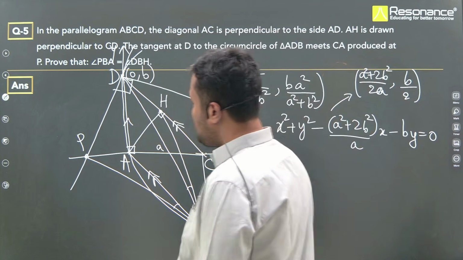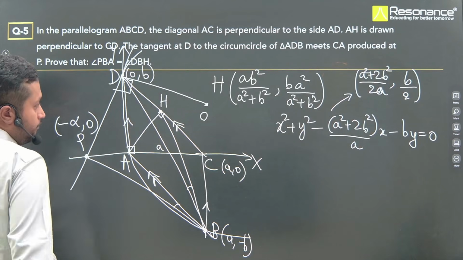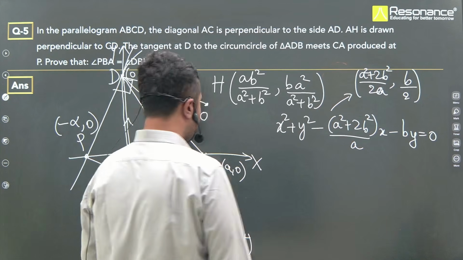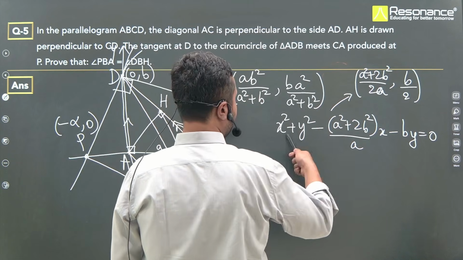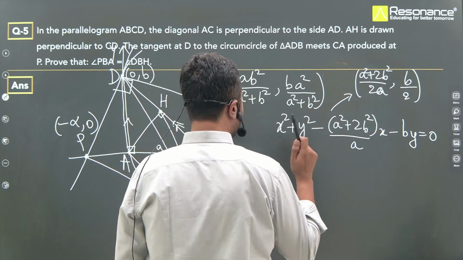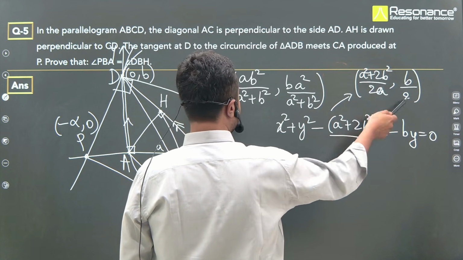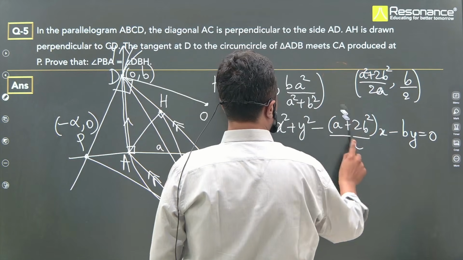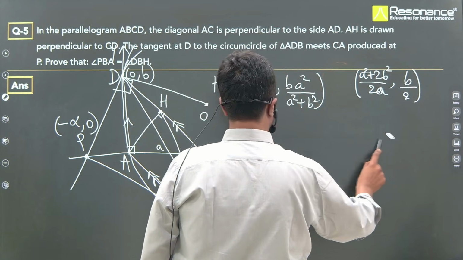So once those things are perpendicular, you know what, I don't know the coordinates of P, so I'll just call it minus alpha 0. So alpha is the thing that we need. Yeah, by the way, I can also remove this. And what's the radius of the circle? It's just the sum of squares of these two quantities divided by 2. So due to lack of space, I'll just write the final answers over here.